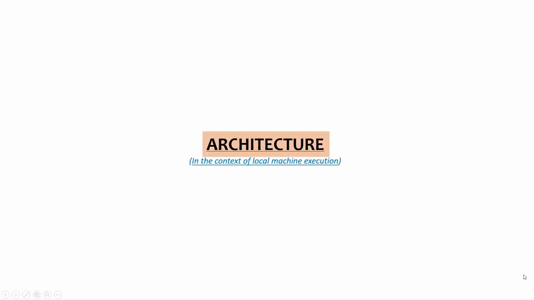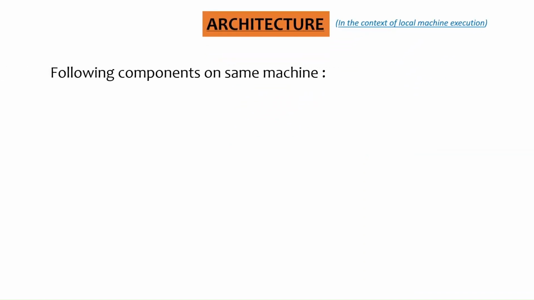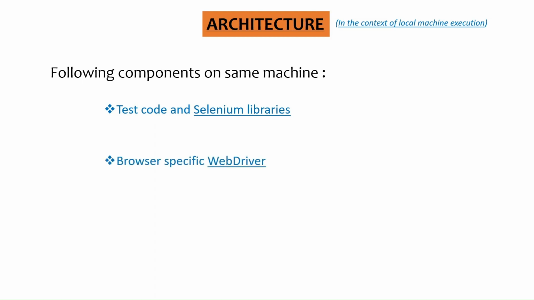Let's talk about the Selenium WebDriver architecture. And first, we will talk about it in the context of local machine execution. When I say local machine execution, I mean the following components should be on the same machine: test code and Selenium libraries, browser specific WebDriver.